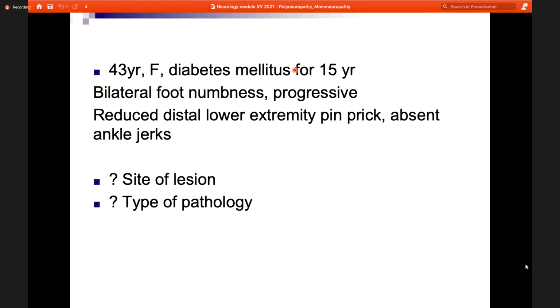So that becomes unlikely. Next is the thalamus. If the thalamus is involved, you can get pain and temperature impairment, but it will be hemisensory impairment, because the thalamus receives sensory input from one half of the body. So it doesn't match this picture.